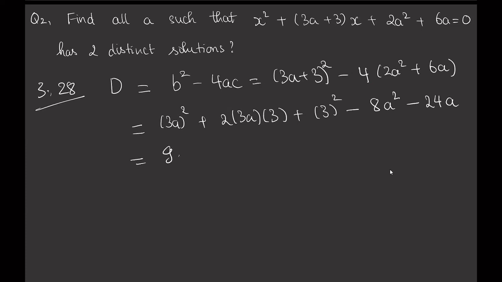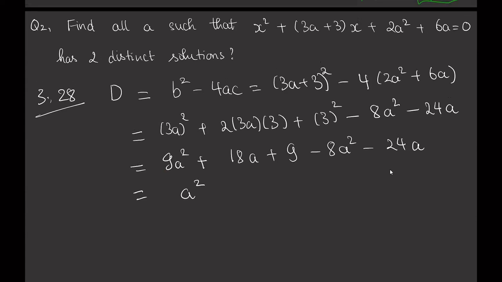Okay, so this would be 9a squared plus 2 times 3 is 6 times 3, which is 18a, plus 9 minus 8a squared minus 24a. 9a squared minus 8a squared is a squared. 18a plus 18a minus 24a is equal to minus 6a.